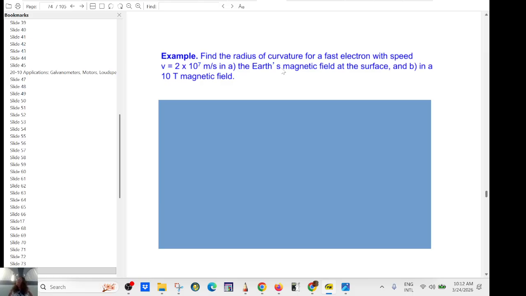So just plug in. Momentum at the top, divide by, open the parenthesis, the charge times B.